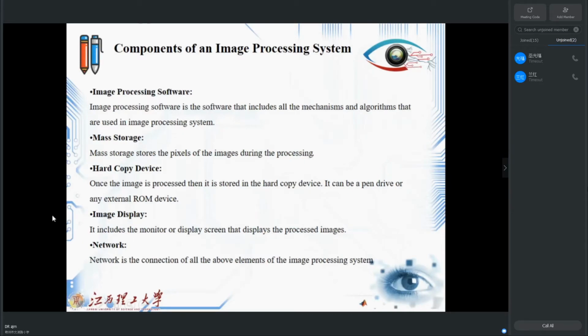Hard copy device: once images are processed, they should be stored in a hard copy device, which can be a pen drive or any external storage device. And image display includes the monitor or screen that displays the processed image. Then the next part is the network, which connects all the above elements of image processing together.